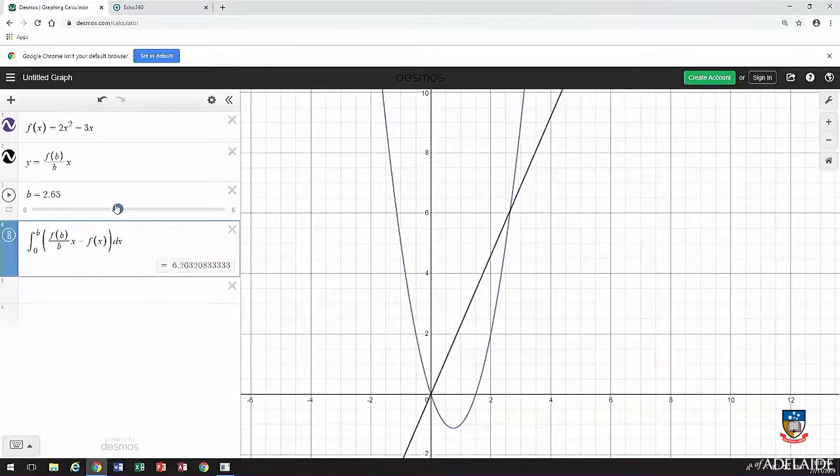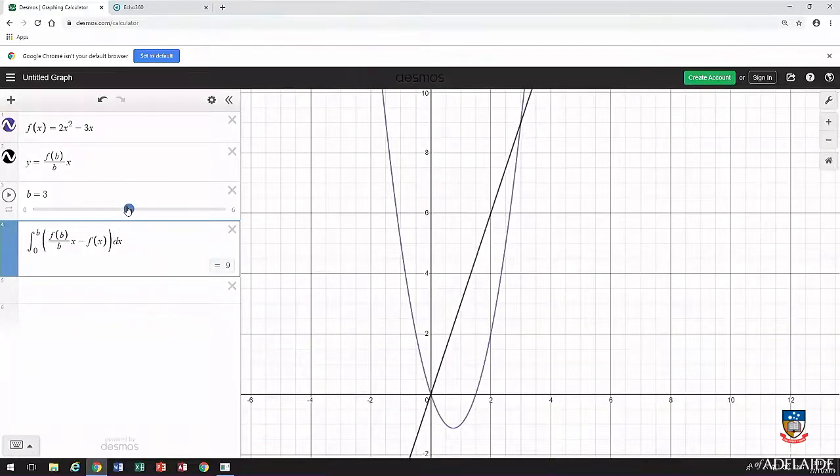And when I get up to 3, the answer is exactly 9. So that's me using Desmos to try and figure it out.